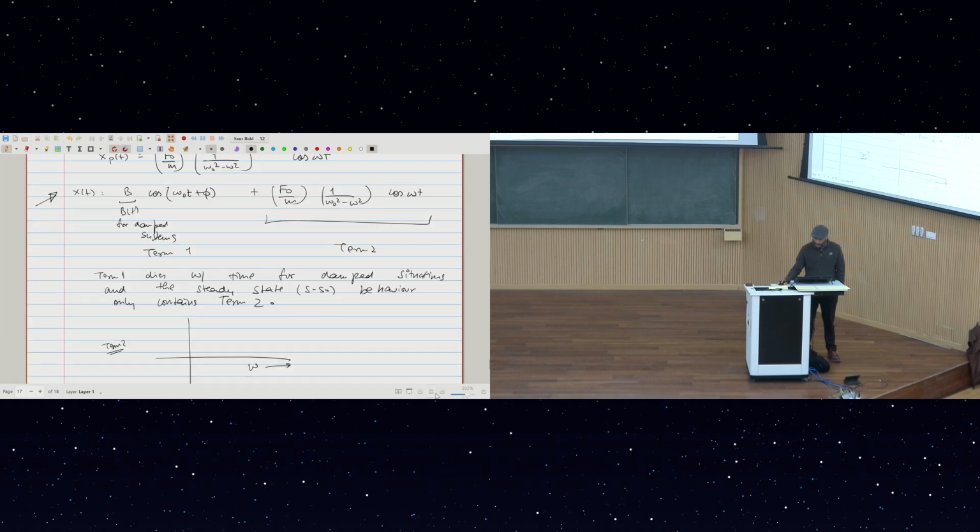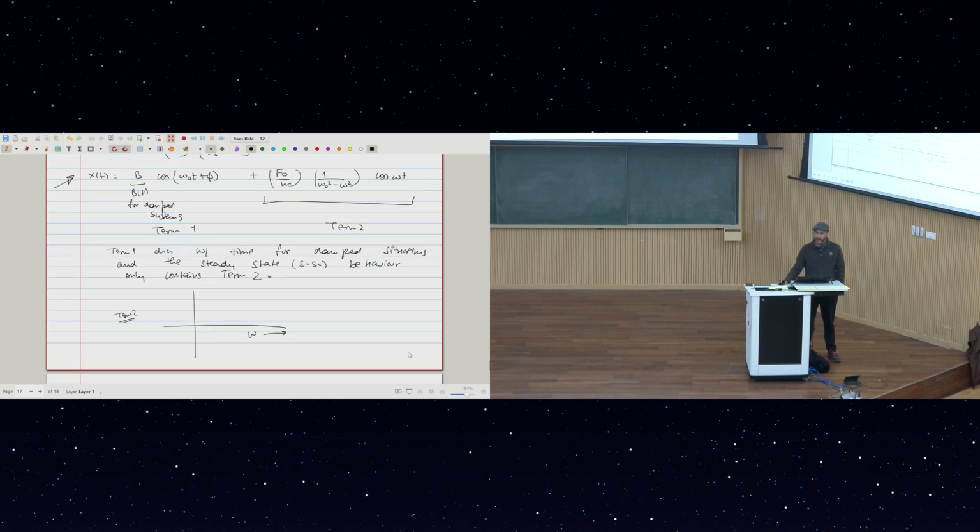If omega is 0, what happens? You have a positive amplitude, some value, let's say this value, and when I increase the frequency, does amplitude increase or decrease?